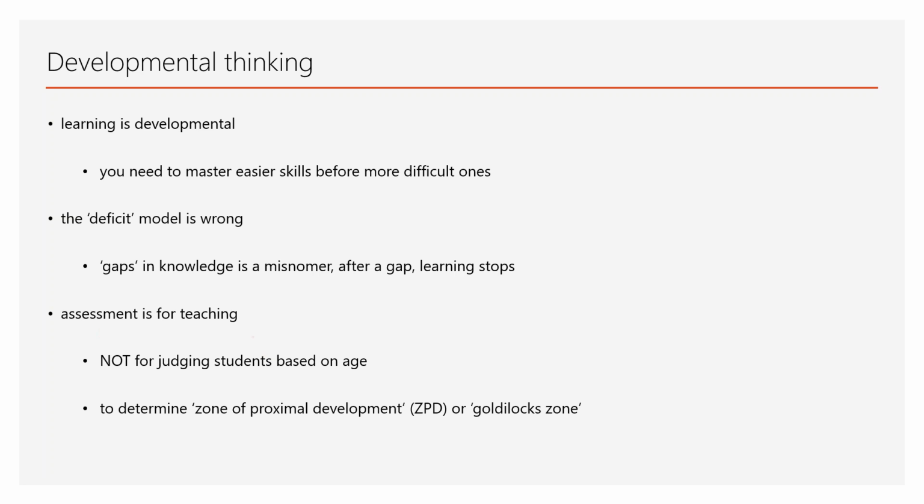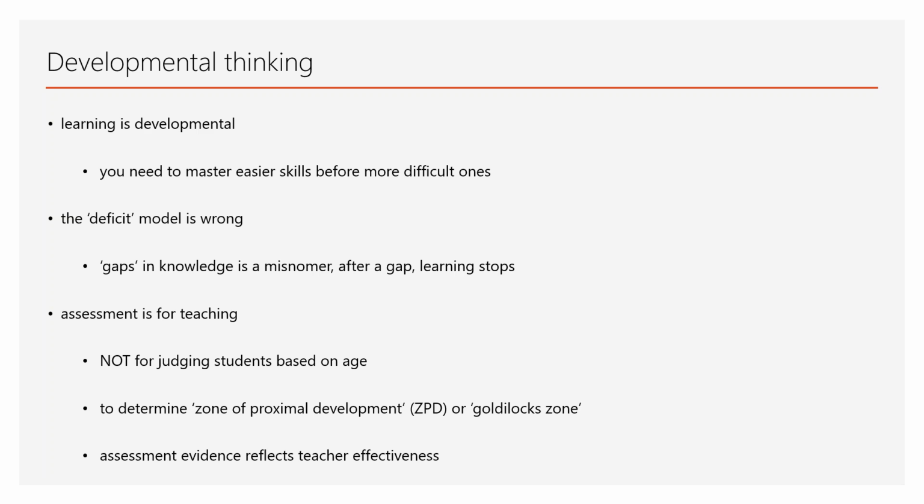So as mentioned, the purpose of assessment is to determine the zone of proximal development, or that Goldilocks zone. Assessment also reflects teacher effectiveness. You've all heard the joke about, oh, well, I taught really well, but the students just didn't learn it. I think in some Scandinavian country, they don't have separate words for teaching and learning, it's just the same word.